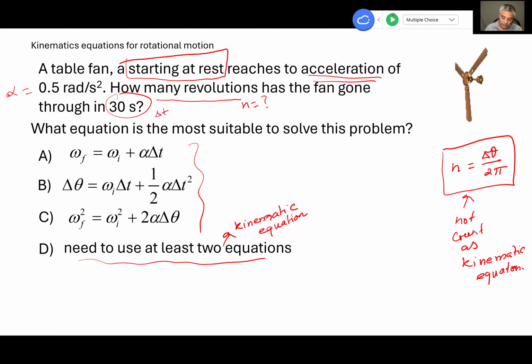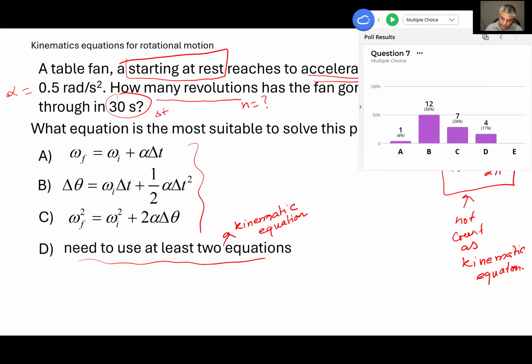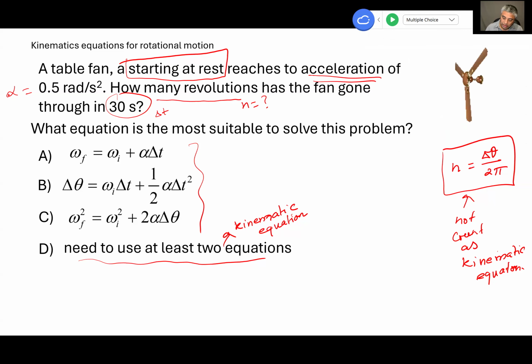Okay. So let's see what we got here. We got all of them, a bit more for B. In this case, we are looking for N, and that comes from delta theta. So I should write delta theta.